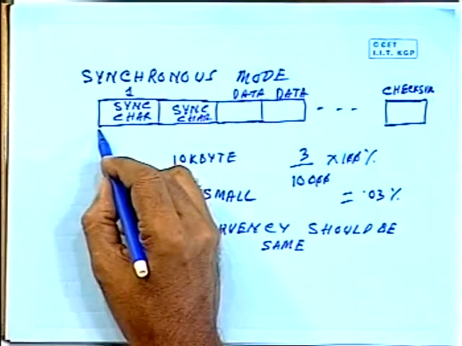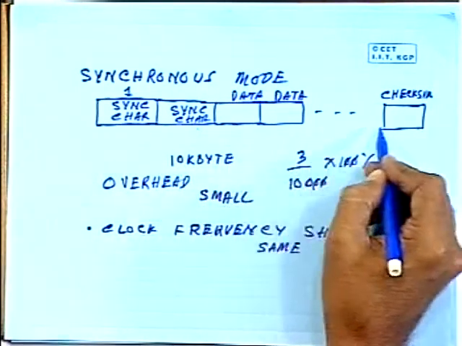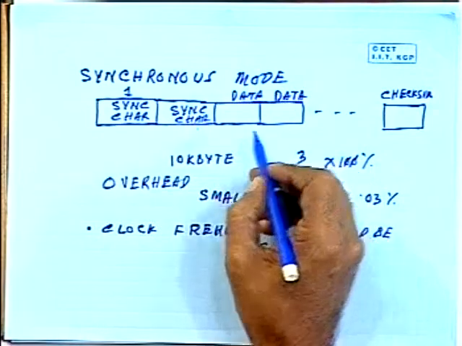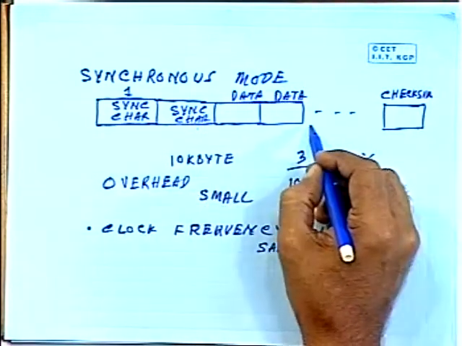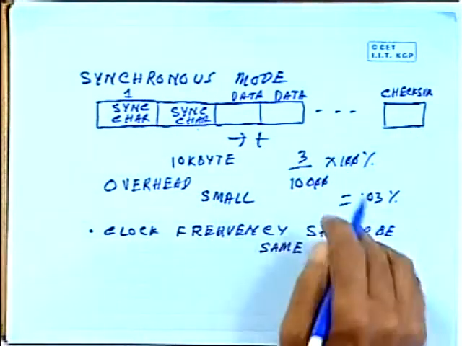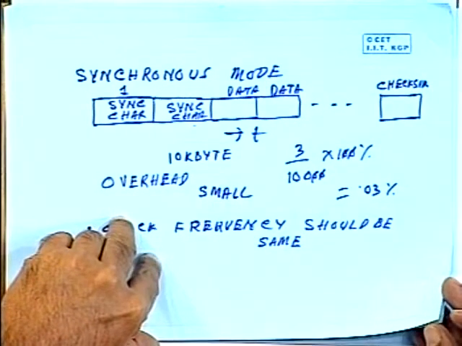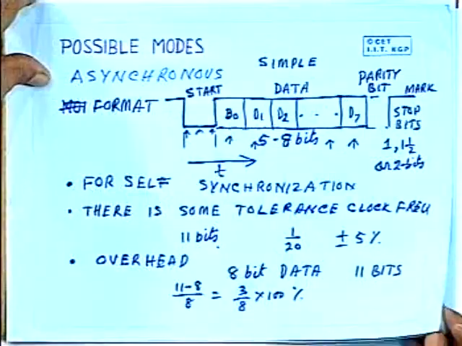You may synchronize at the start with the help of synchronization characters, but afterwards, if there is a small difference in clock frequency, you may not receive the later characters in correct form. So either the clock has to be sent from the transmitter to the receiver, or the clock has to be regenerated. That's why this is not widely used. The asynchronous mode is more popular.